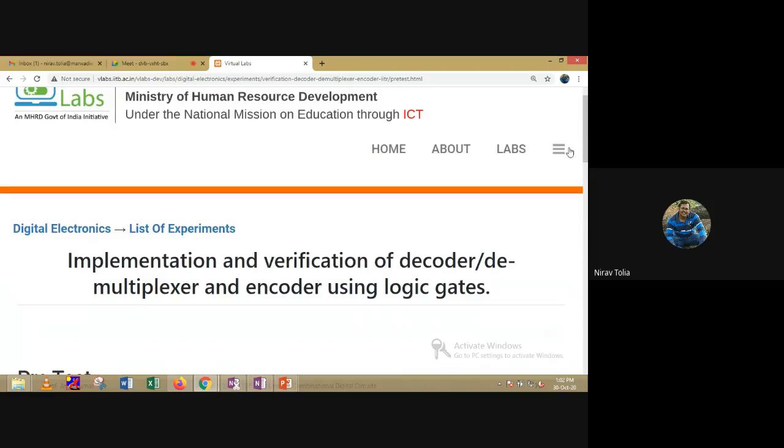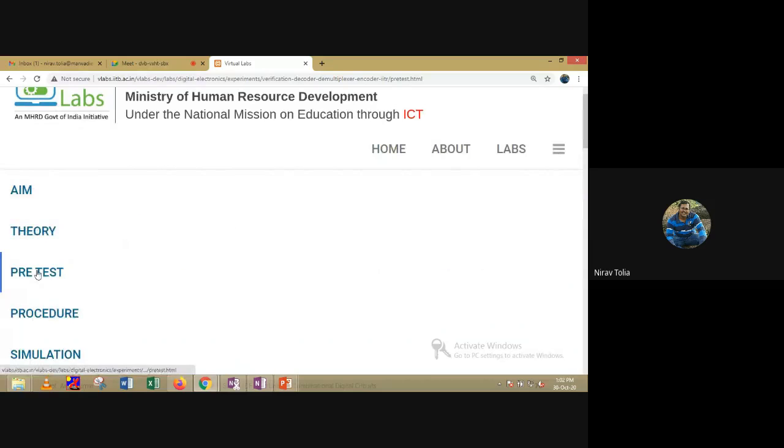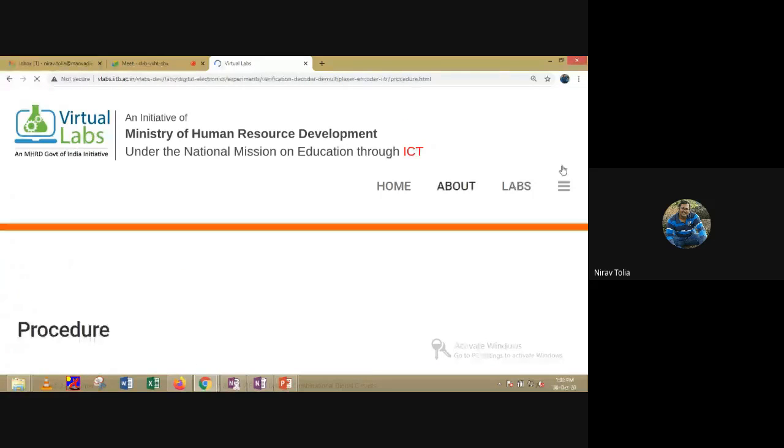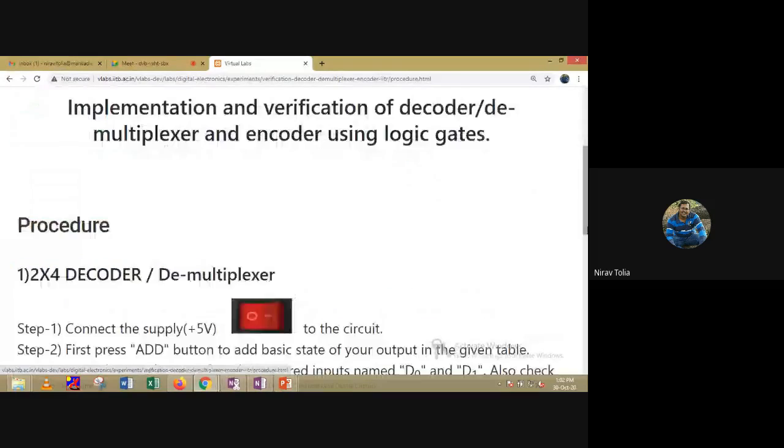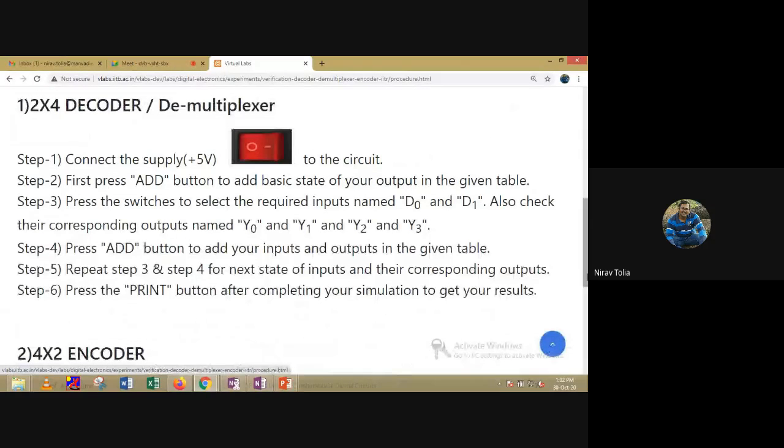So now we have to move to the procedure. Again, we have to connect a supply, a 5-volt battery. So we have a switch. If you push the switch, the supply will be connected. Then you have to add the buttons at each and every step.